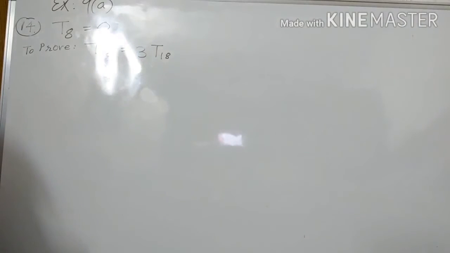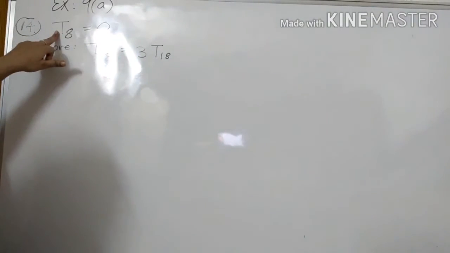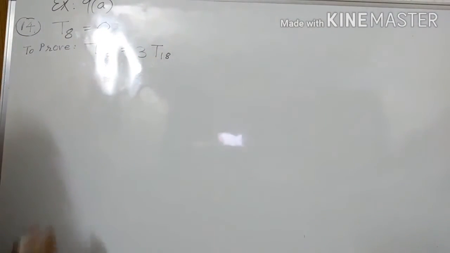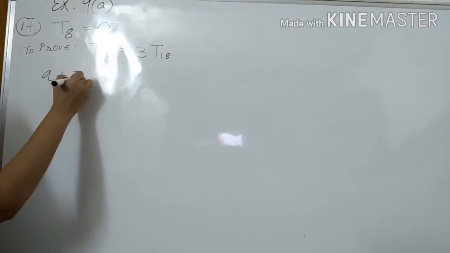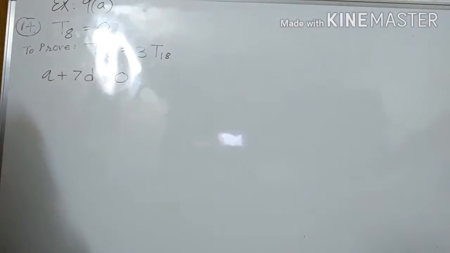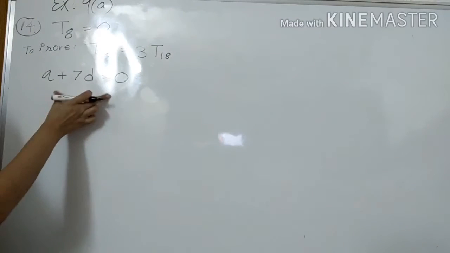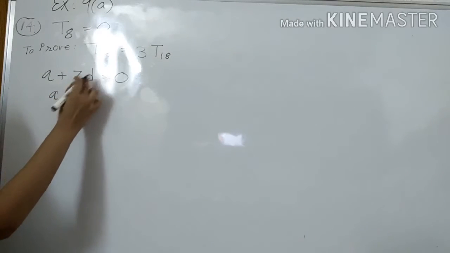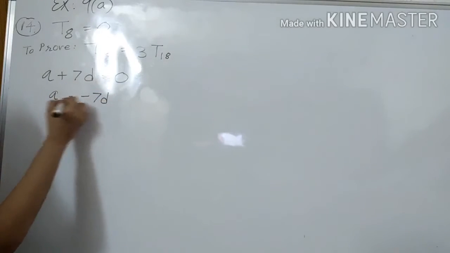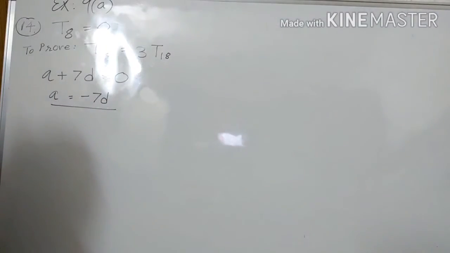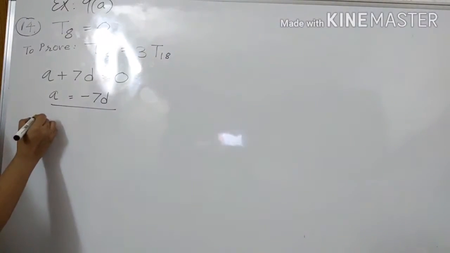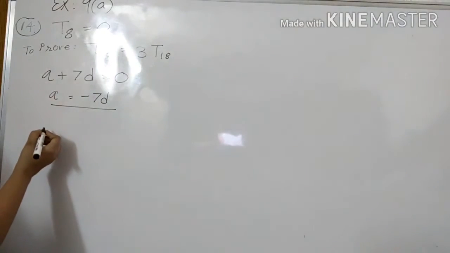So first of all, from the given information we will start. T8 is equal to 0. So I can write a plus 7d is equal to 0. So here I found a relation that a is equal to minus 7d. This is the value of a that we got here. Now we will start with the left hand side or right hand side. You can start either way.